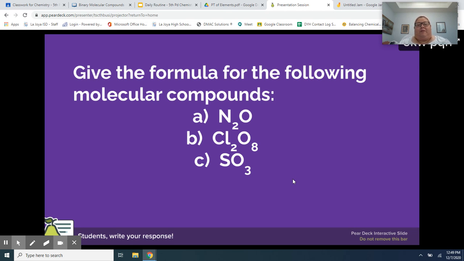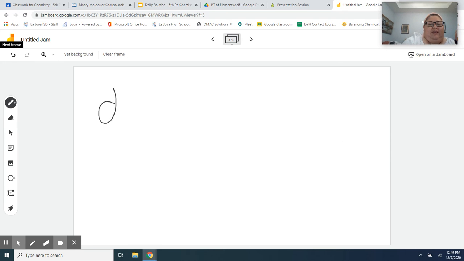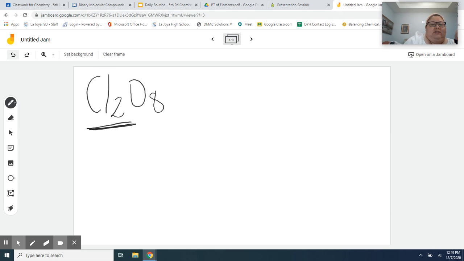Isn't the first part the same as the last one that we did? There were 2 chlorines. We wrote dichlorine. If I've got Cl2O8, the first part doesn't change, right? I know that 2 means di. I know the name of Cl is chlorine.